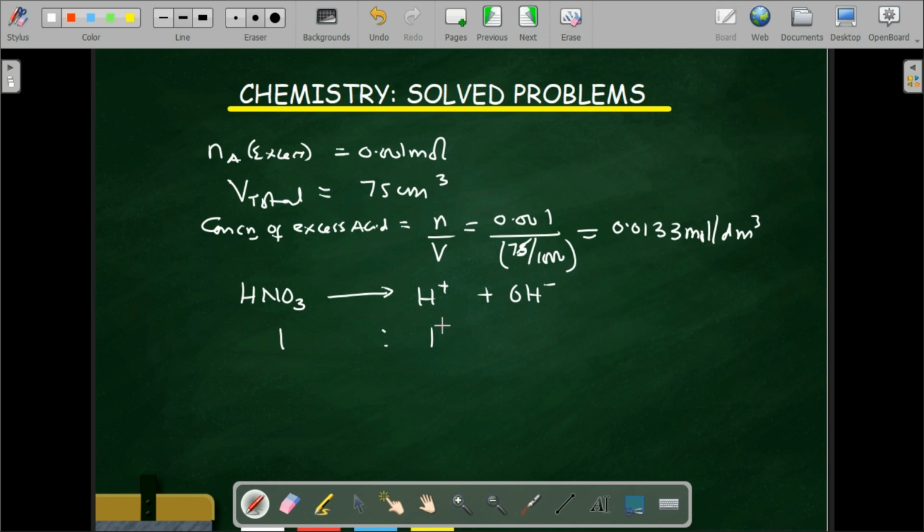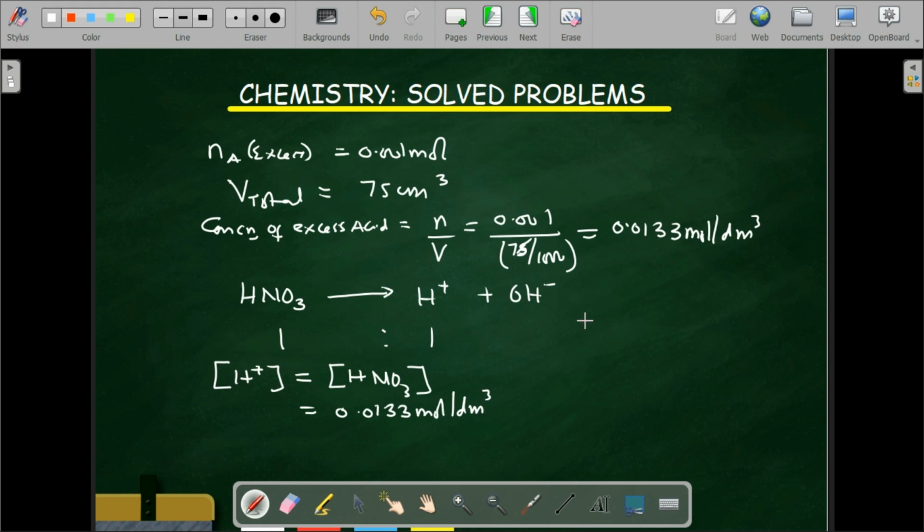Consequently, in this same solution, the concentration of hydrogen ion is exactly the same as the concentration of the HNO3 acid. This symbol is commonly used to represent concentration. So the concentration of the HNO3 will be exactly 0.0133 mole per dm cube, or mole per liter.